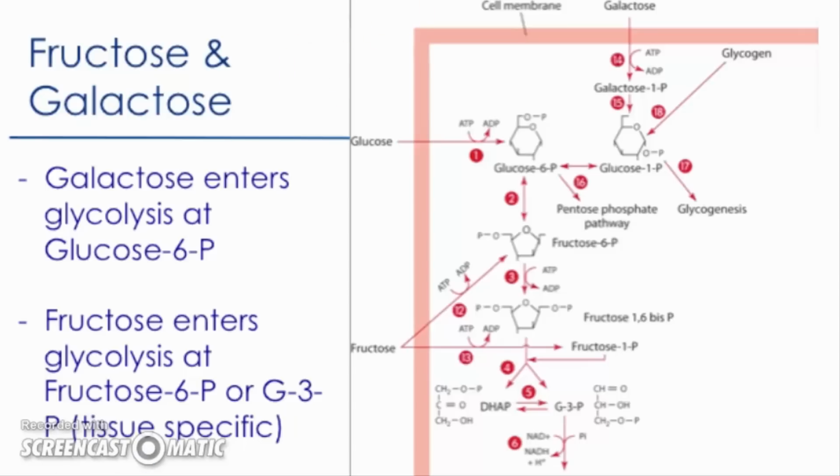First, we will talk about the metabolism of galactose. And you can see galactose here at the top of the screen. For galactose, we'll have it entering the liver cell only, and it will enter the liver cell through the GLUT2 channels.